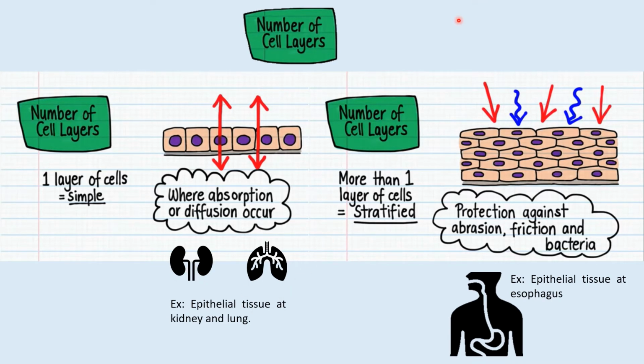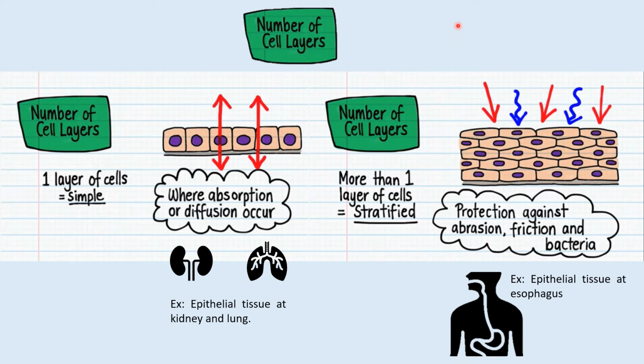What did you do to protect your home from burglars? Yes, you have gates, grills, locked doors, and even CCTV. These are all layers of protection. Same goes with the epithelial tissues that consist of more than 1 layer, which is called stratified.